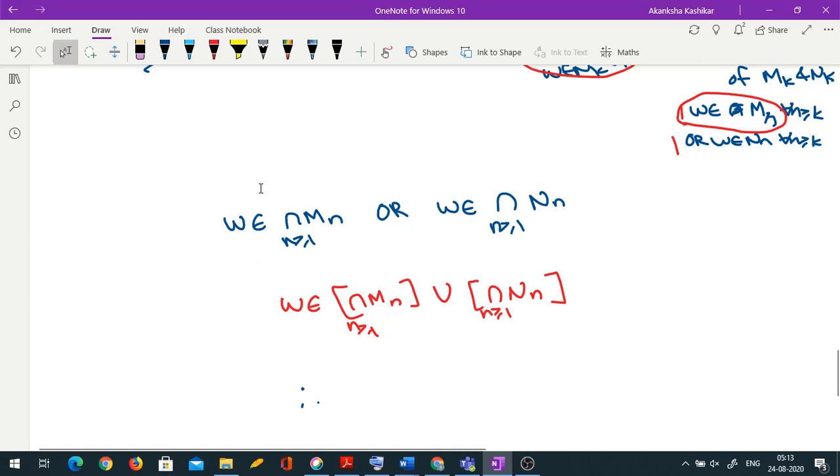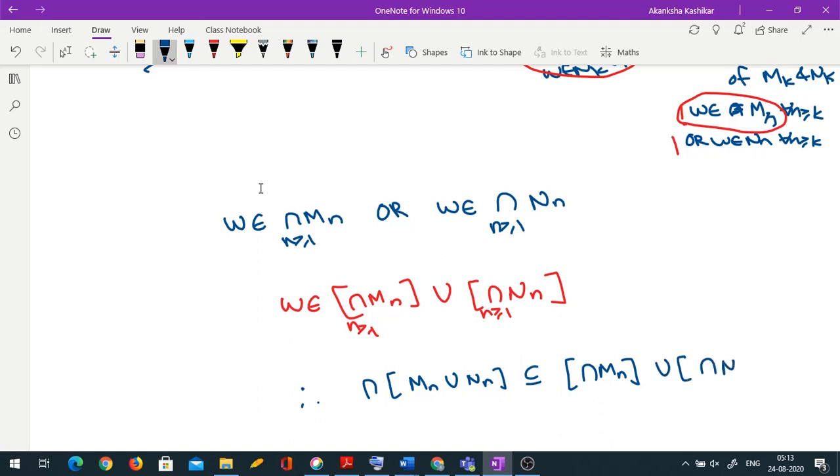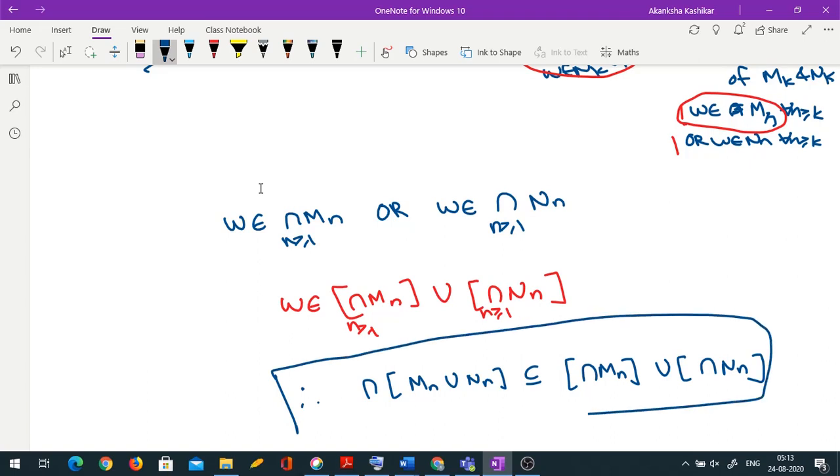So what I have so far is that the intersection of Mn union Nn is a subset of the intersection of Mn union the intersection of Nn. So one part of the proof is over.